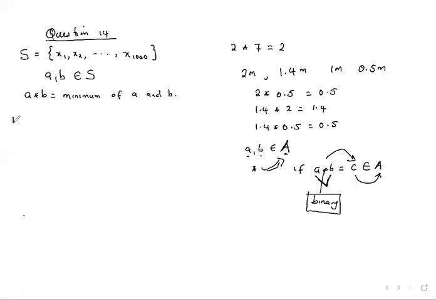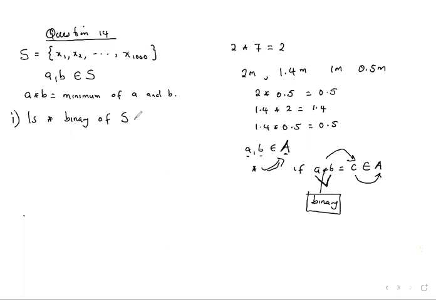So we go to part 1. In part 1, they need to help us understand: is star binary on S?